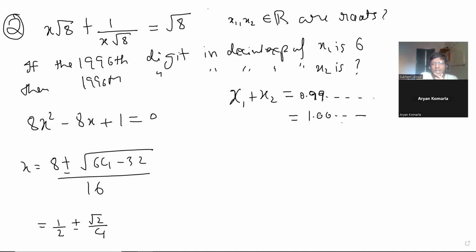If you write it like this, both are equivalent, both represent the same number. But one of them is more convenient for your problem, so you use that.